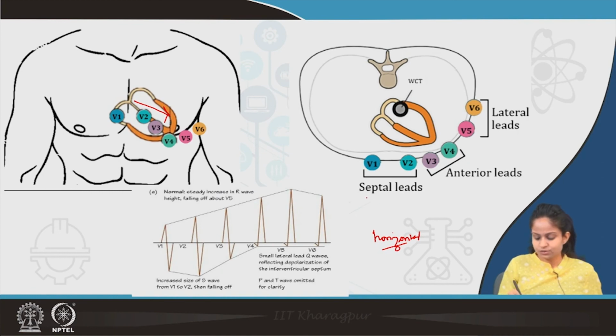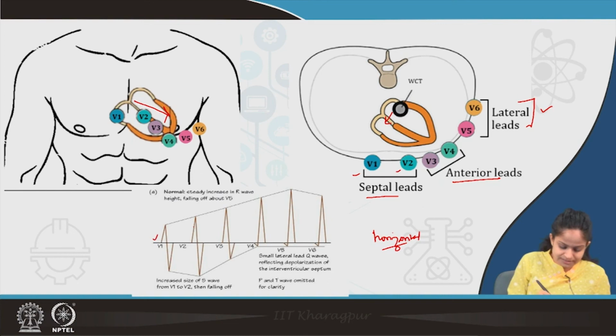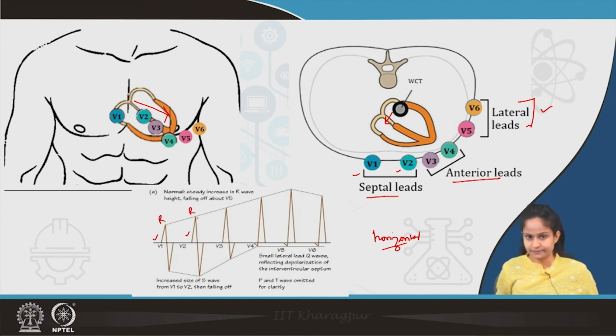V1 and V2 measure the septal activity, V3 and V4 the anterior activity of the heart, and V5 and V6 the lateral activity of the heart. The first septal depolarization occurs from left to right, so V1 and V2 give a positive deflection. We get the R wave; we do not see the Q wave here.